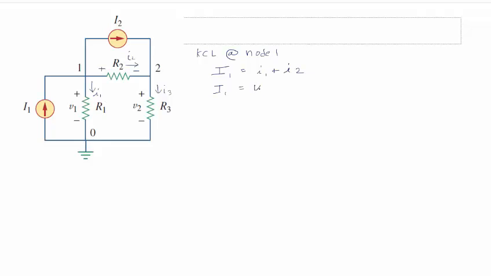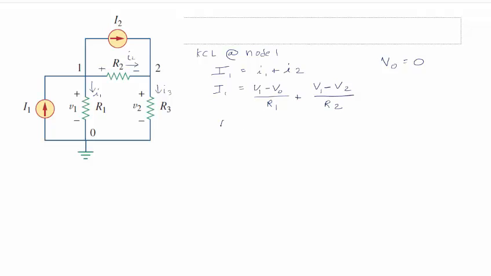So I can write it as voltage at 1 minus the voltage at 0 over R1. And I can write I2 as voltage on this side minus voltage on this side, so voltage at 1 minus voltage at 2 divided by R2. And voltage at 0 is 0 because I called it 0.